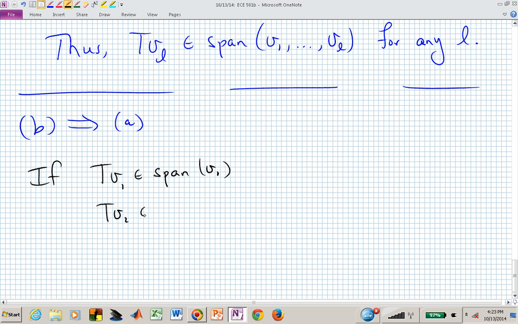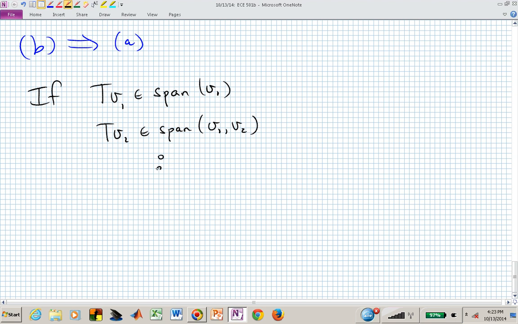T v sub 2 is in the span of v sub 1, v sub 2. This is what statement B is saying. We have all these nested spans going on. T v sub L lives in the span of v1, v2 up to v sub L.